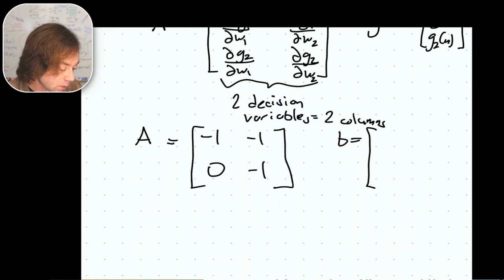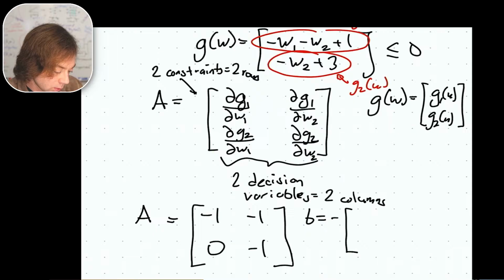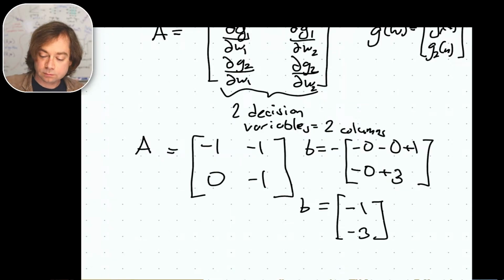So B is going to be negative minus 0 plus 1, and then minus 0 plus 3, which is just the vector -1 and -3. That's B. Hey, there we go. Made a quadratic program. How hard was that?